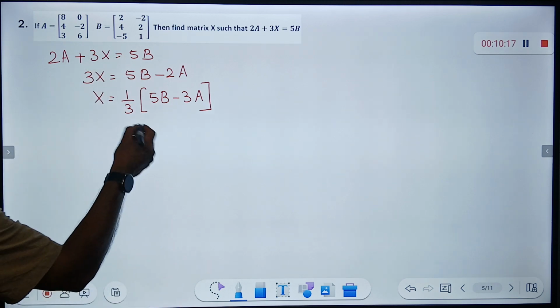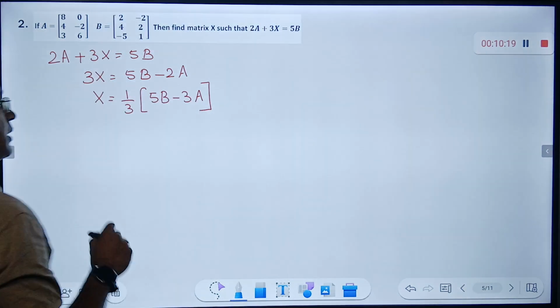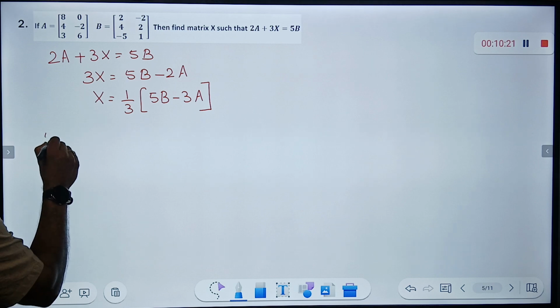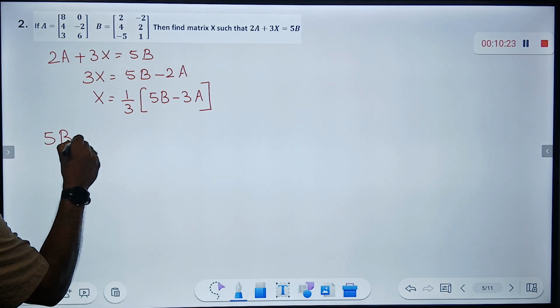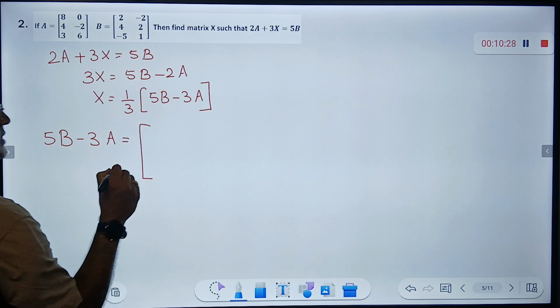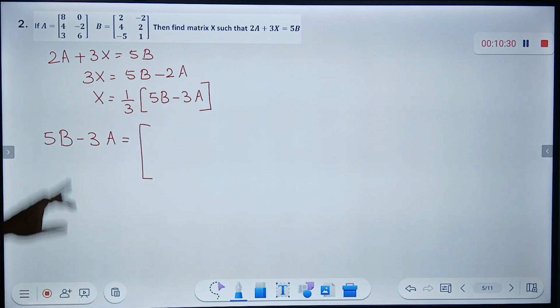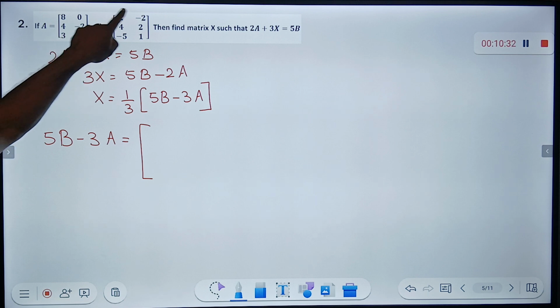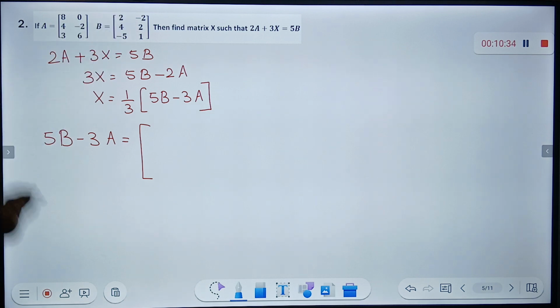So now I want to find X. For that, first I'll find 5B minus 2A. Now what is 5B? Remember the scalar multiplication of a matrix? This is B. 5B means each and every element in B should be multiplied by 5.